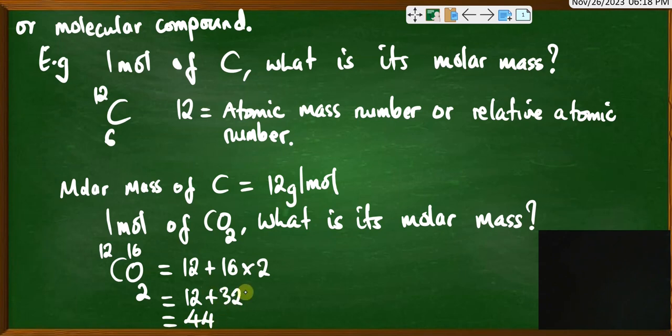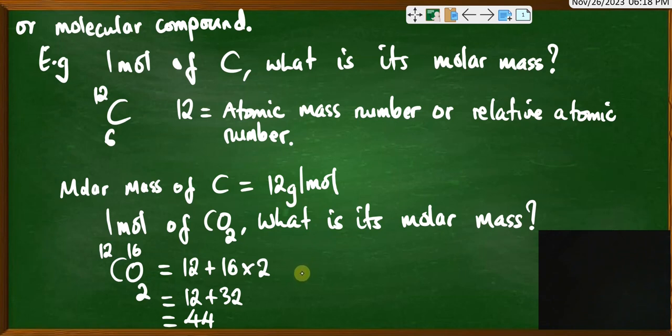Now, according to the statement I gave you, molar mass is equal to relative atomic mass, or relative formula mass, or molecular mass. Since we know the relative molecular mass of carbon dioxide, we also know the molar mass.